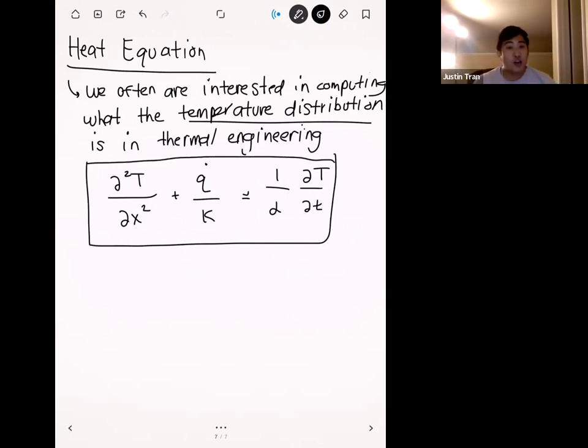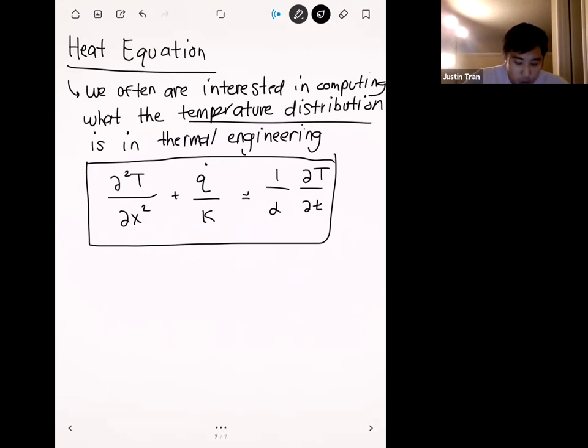Right, and so that equation right there, that is your heat equation. Okay, and so you can see here it's a partial differential equation with lots of scary terms. But just like we did with Fourier's law, let's go ahead and break this up term by term and see what each of them means, and talk about how each of them behaves.